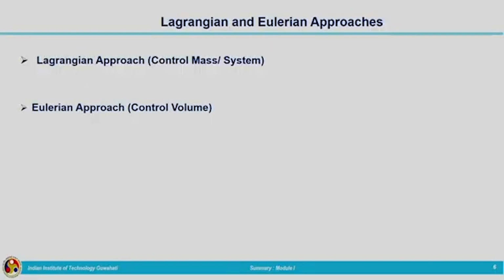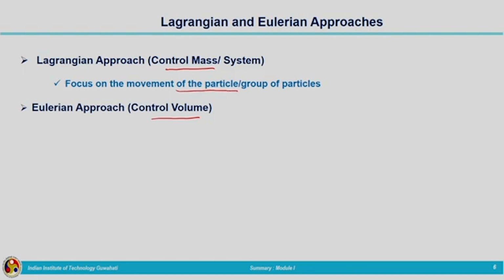We have understood these by making use of detailed explanations related to control mass and control volume. The Lagrangian approach is applicable to a control mass, where our focus is on the movement of a single particle or group of particles. But the Eulerian approach is also known as the control volume approach.